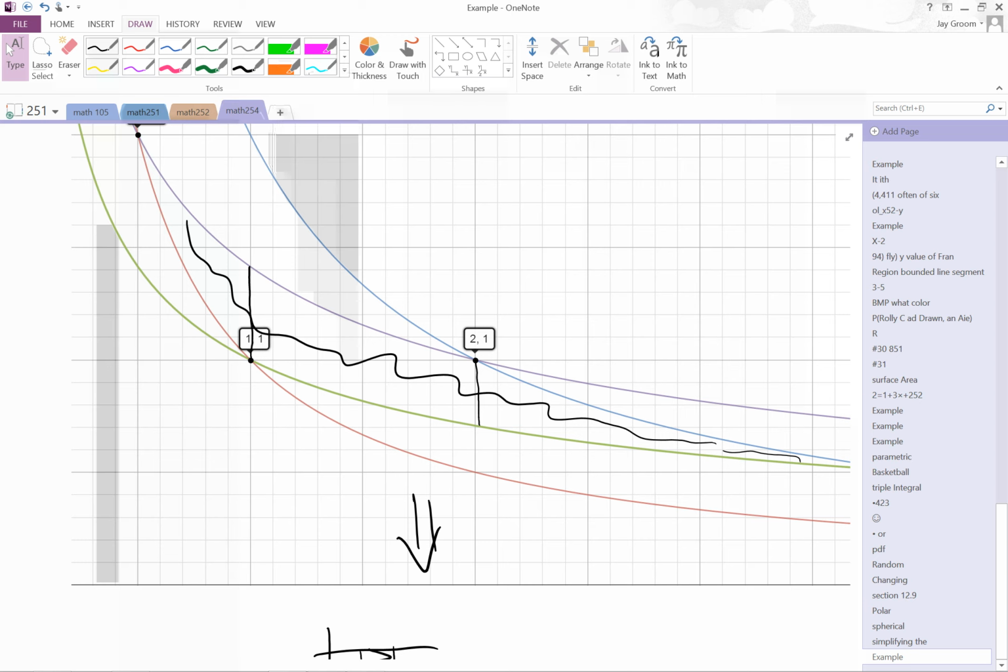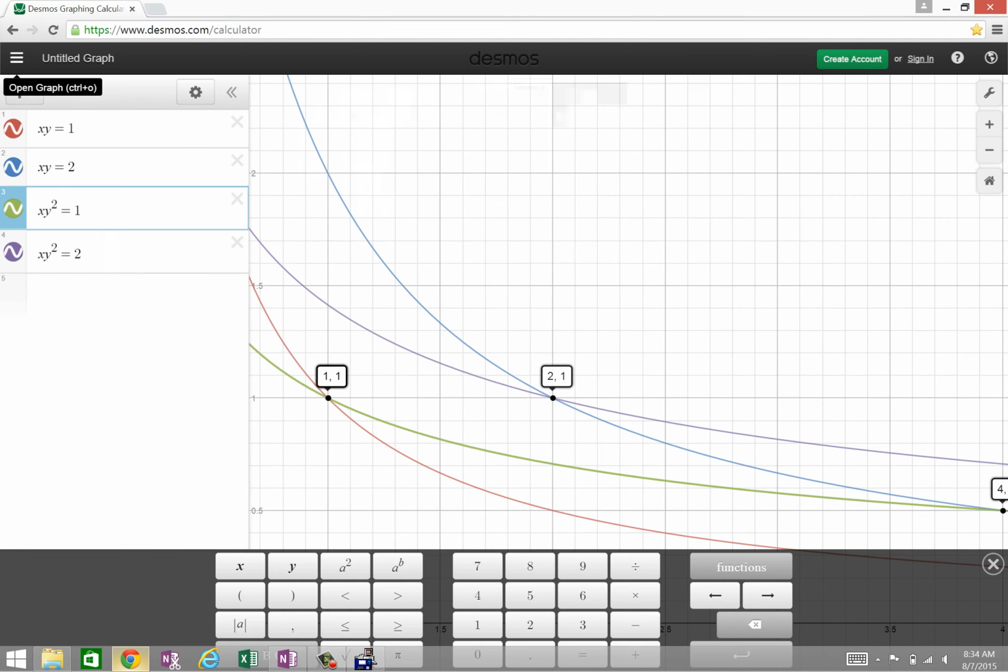All right? Now, what I'm going to attempt to do is, first of all, I should probably go back and label which of those is who. So I'm going to go back to Desmos and check those out.